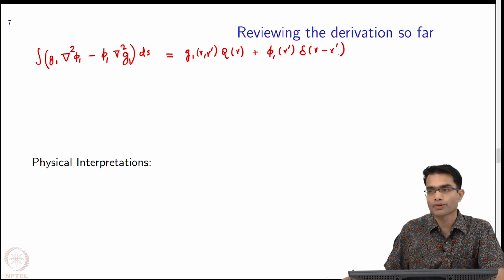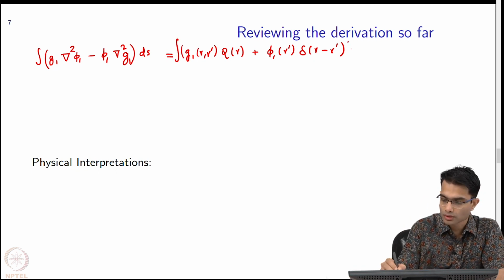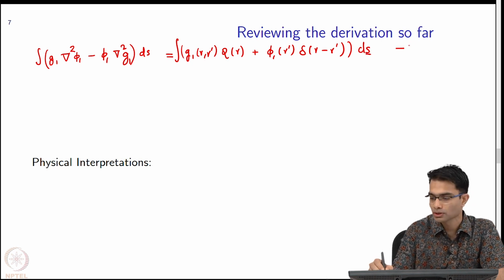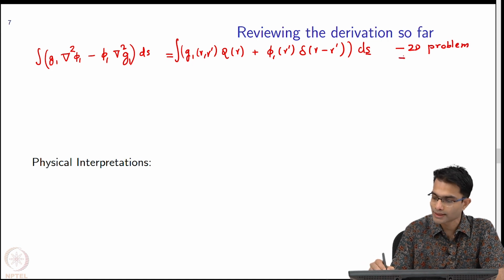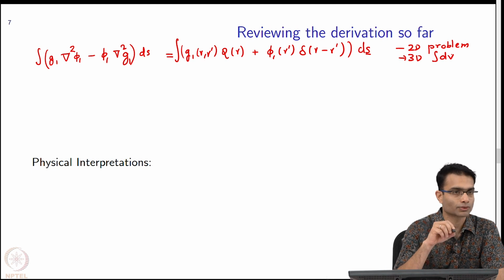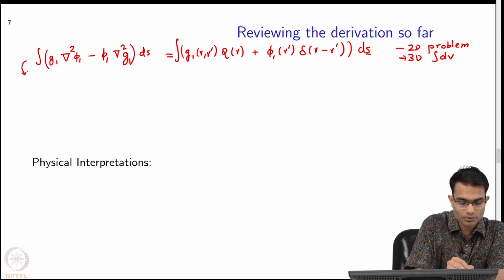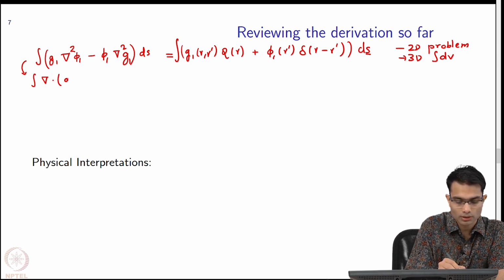So this is just reviewing the terms that we had, and of course this whole thing was integrated, both sides were integrated over S. Remember S because it's a 2D problem. In 3D it would be an integral dv, that's the only difference. Then we had used one identity of vector calculus to convert this into a del dot something, and what was that something?